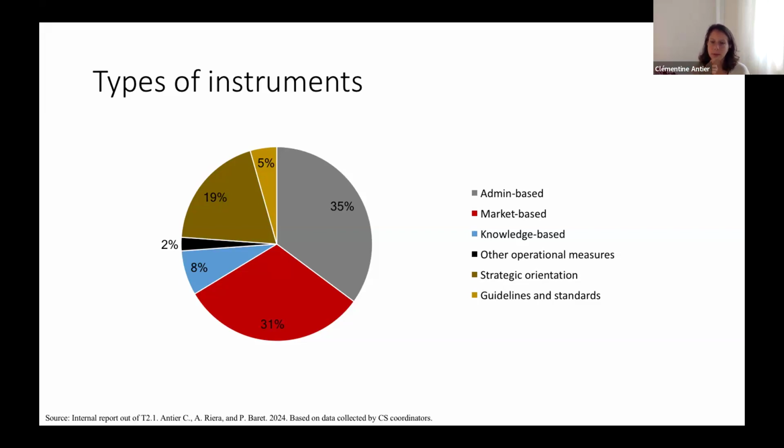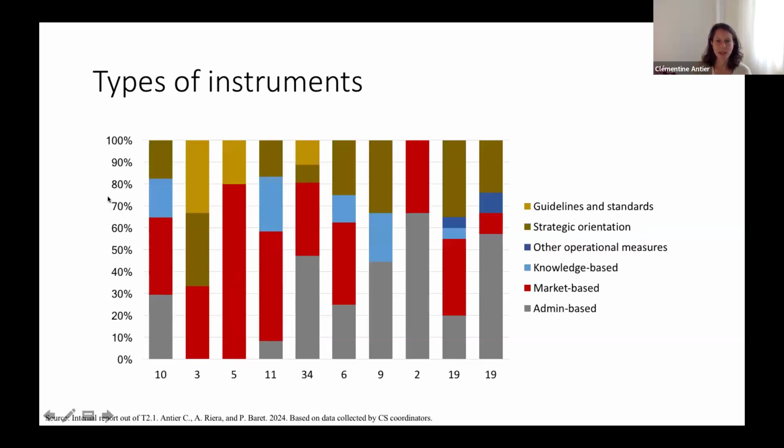And this is important information that we will discuss at the end of the presentation, because I will show other results that are questioning this. So again, here you have the same data, but case study per case study.